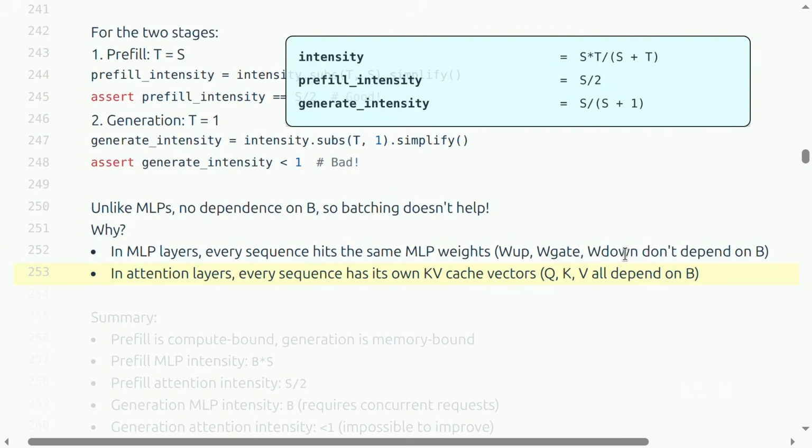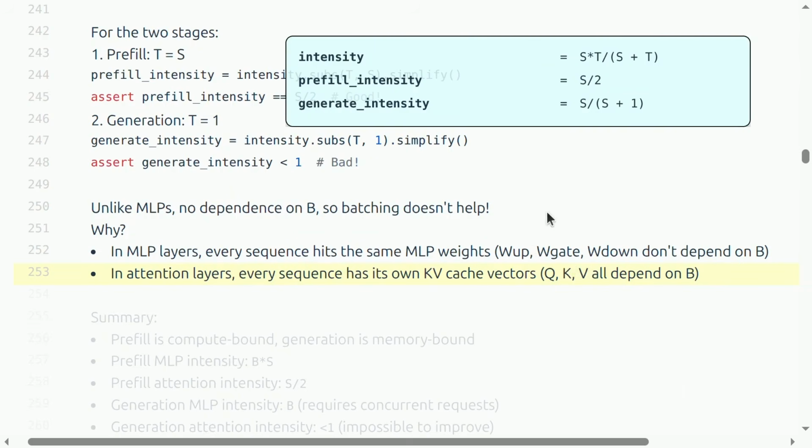Whereas in attention, all of these depend on B, so increasing B doesn't help. For every sequence, you're basically doing a matmul. So they're all independent, so doing more matmuls isn't helpful.